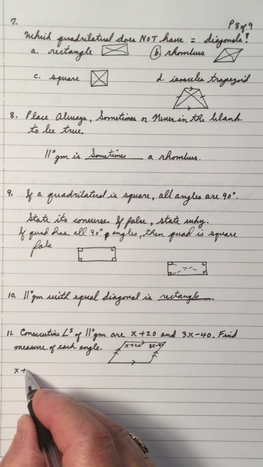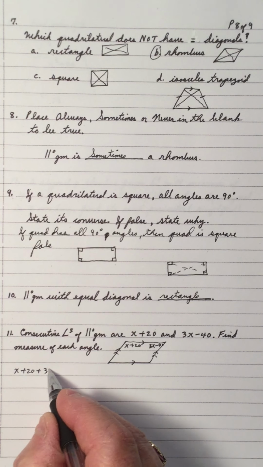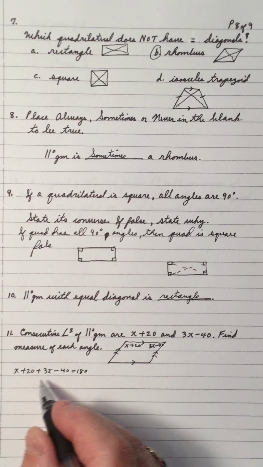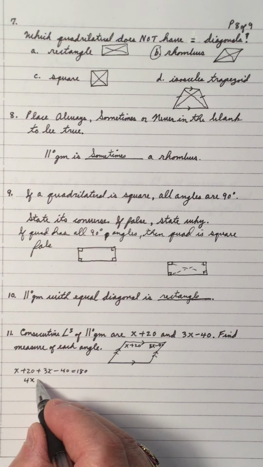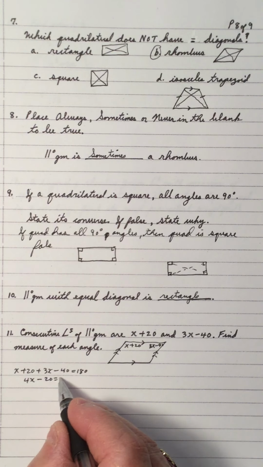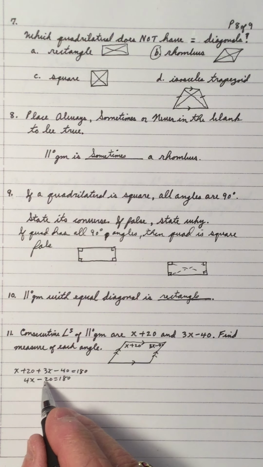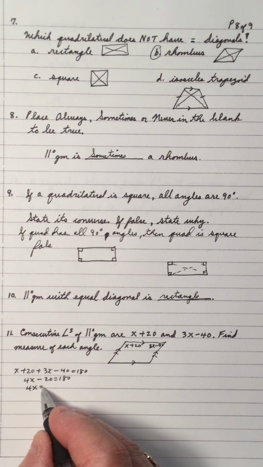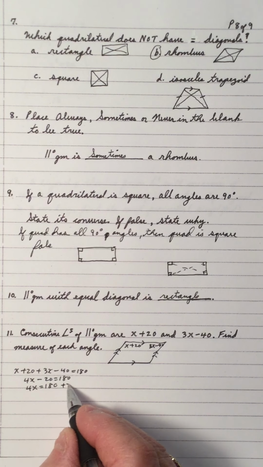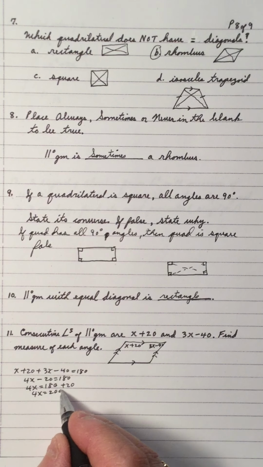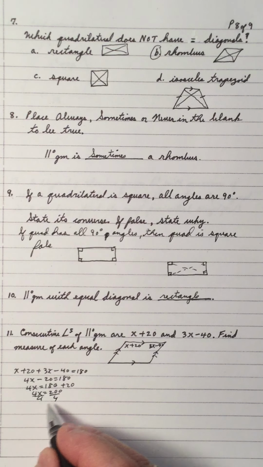So that means x plus 20 added to 3x minus 40 equals 180 degrees. 4x minus 20 equals 180. Add the x's; 20 and minus 40 is negative 20. 4x is 180 plus 20. 4x is 200. Divide by 4, and x equals 50.